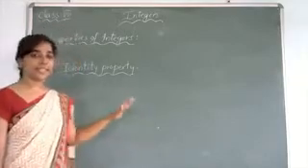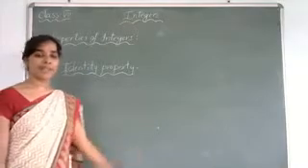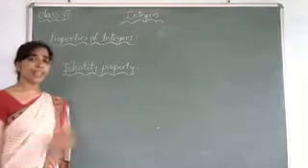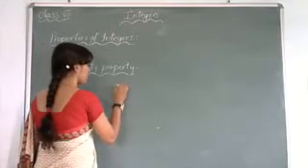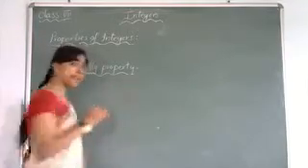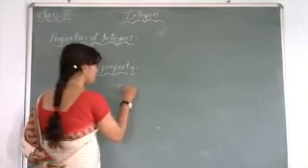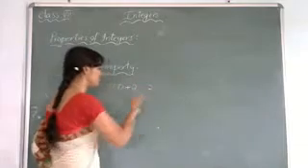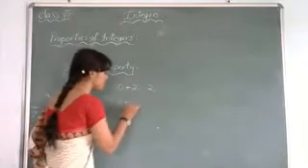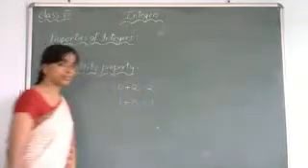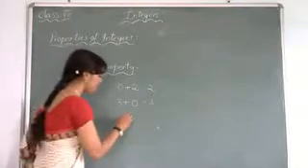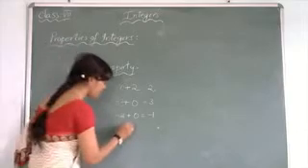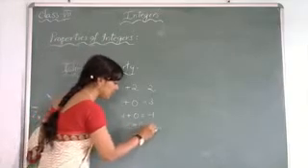Like that, in our maths also we are having identities. In general, let us take an example. If I am adding 0 to 2, what am I getting? 2. If I am adding 3 to 0, what am I getting? 3. Minus 1 with 0, then minus 1.